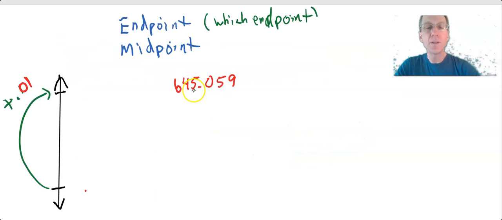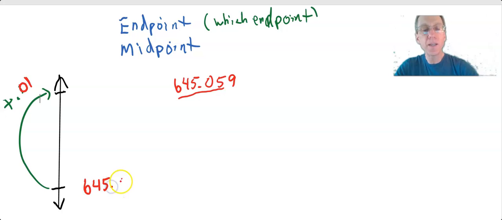Okay, here we go. On our place value chart, we went up to the hundredths place only. So there's our first endpoint, 645 and 50 hundredths. And if we add a hundredth, because we're rounding to the nearest hundredth, our other endpoint will be 645 and 60 hundredths.